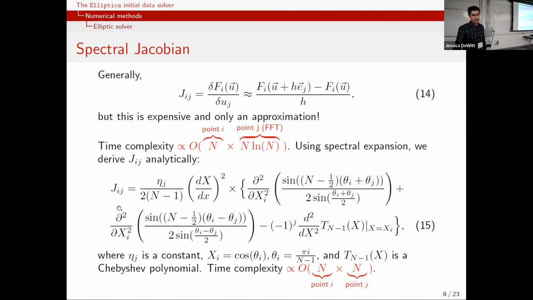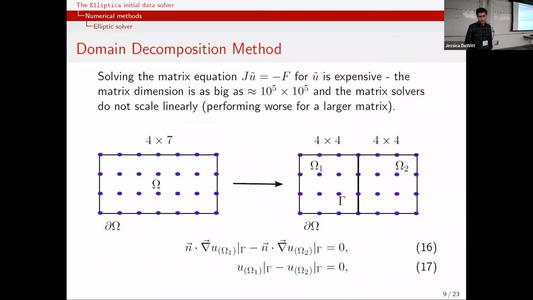As you can see, it has a compact form, it's analytic, and it has a lower time complexity, which is n squared. So this is the first point that we introduced to increase the speed of the Newton-Raphson method.